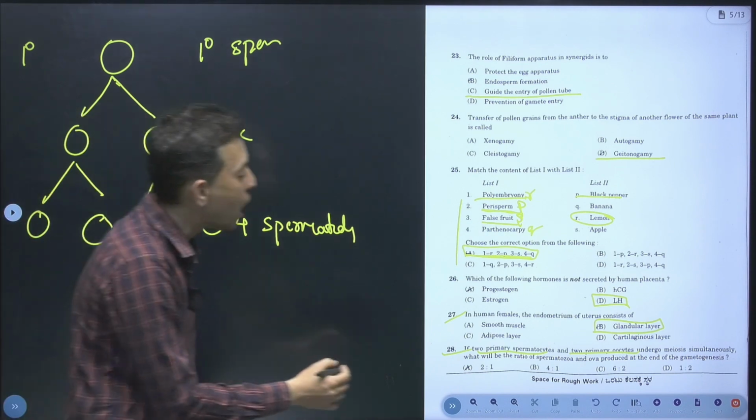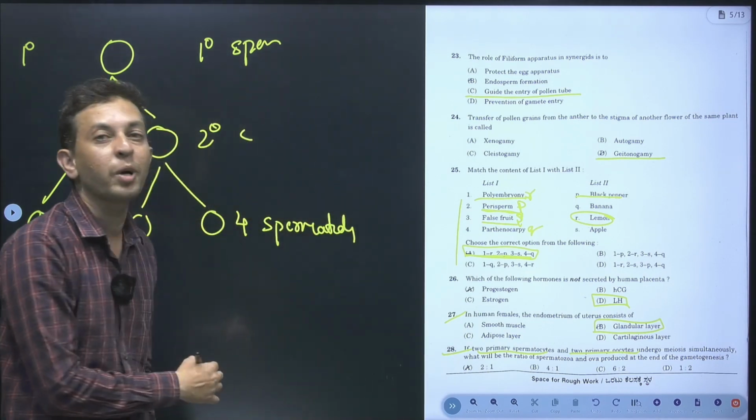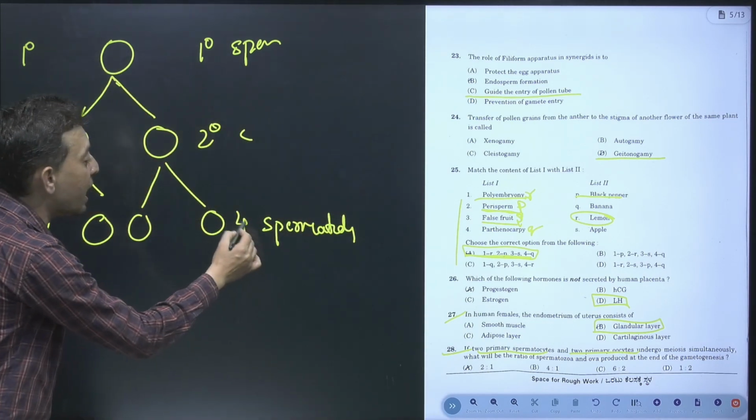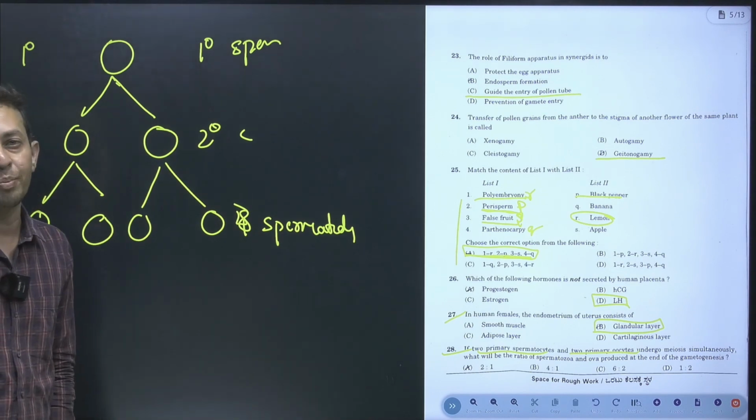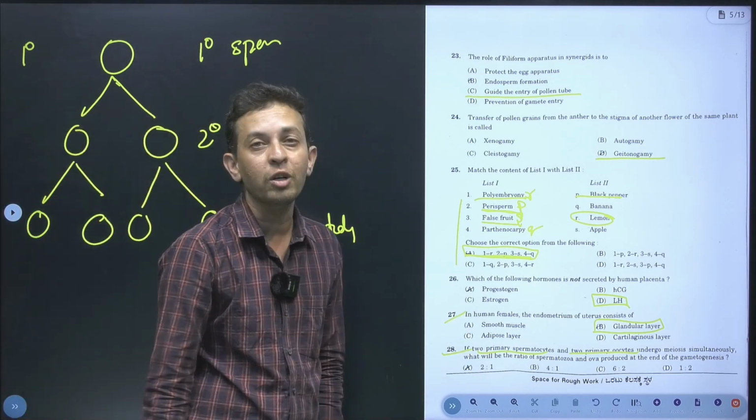But here what have they given? 2 primary spermatocytes. So 2 primary spermatocytes will produce 8 spermatids. But that option is not given here.